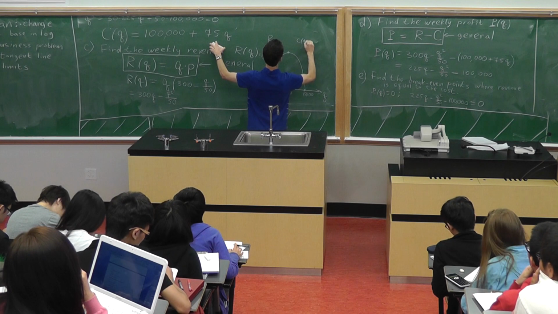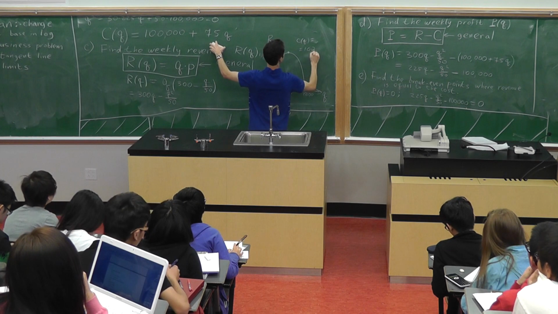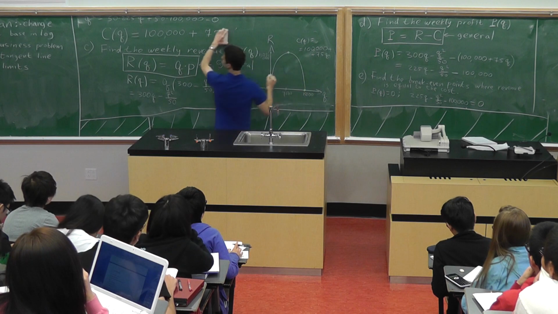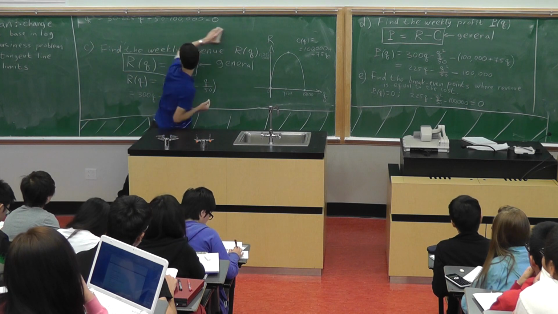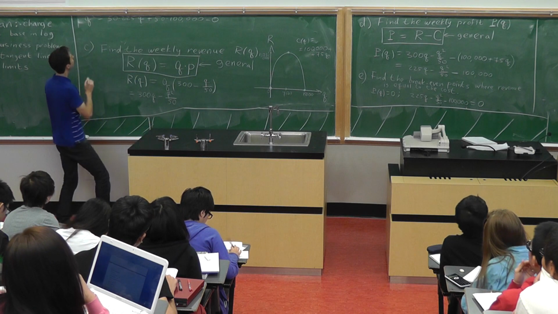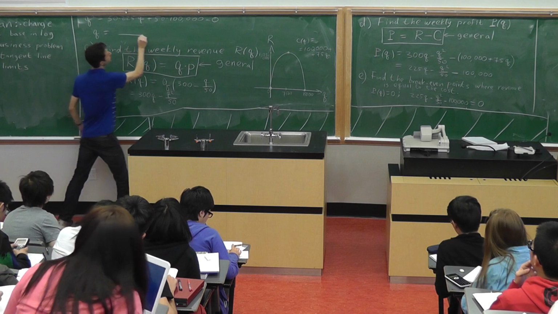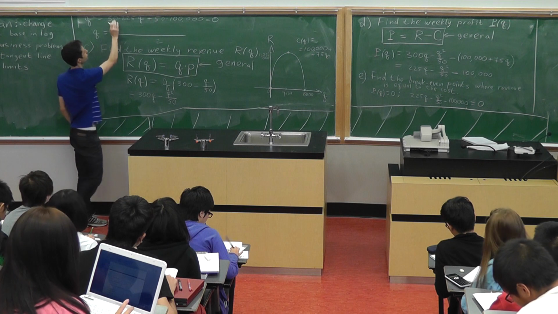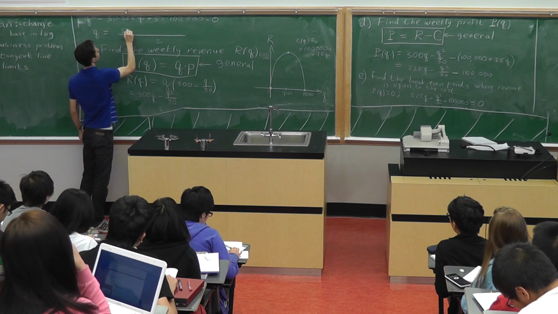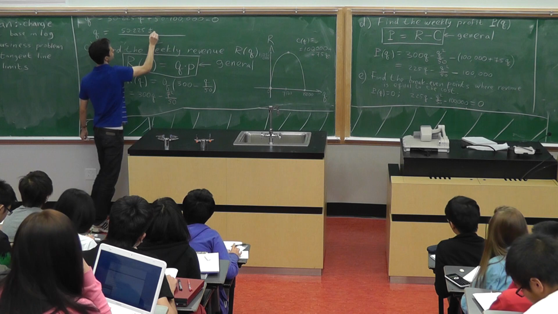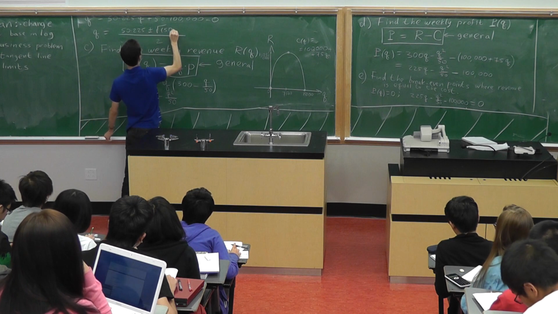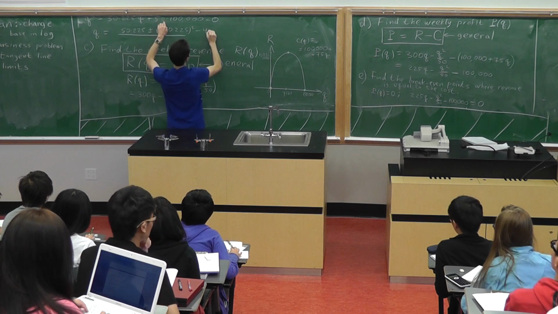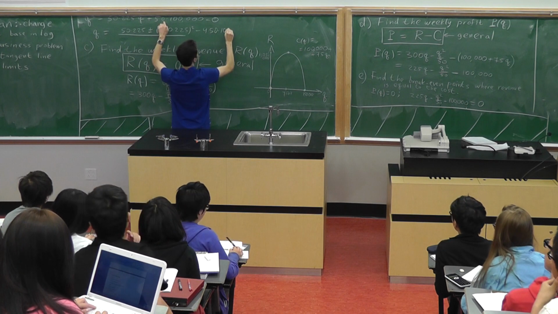I will need it later. So it's 100,000 plus 75Q. Now use this space. Okay, so the quantity is, we have 1, well, we have 2 in the denominator. We have 50 times 225 plus or minus the root of this number squared minus 4 times this, like this, 100,000.